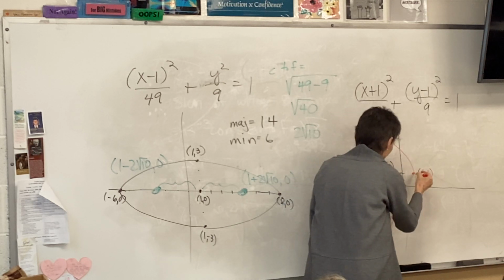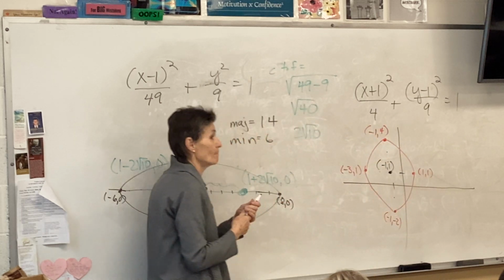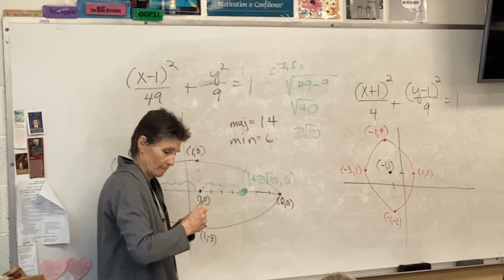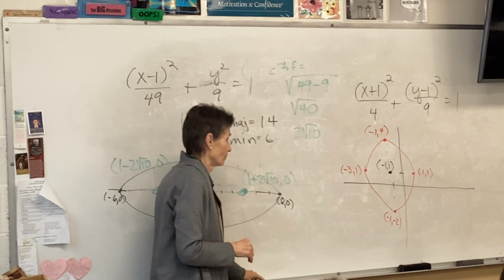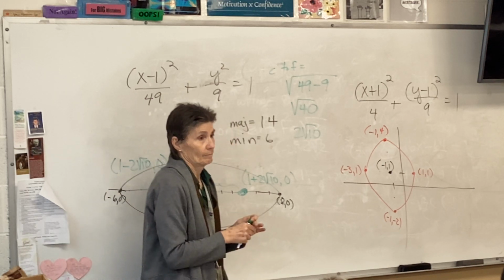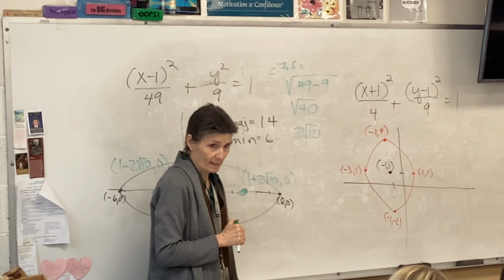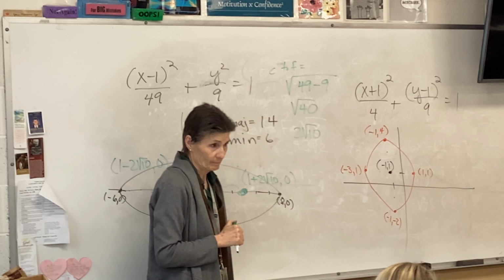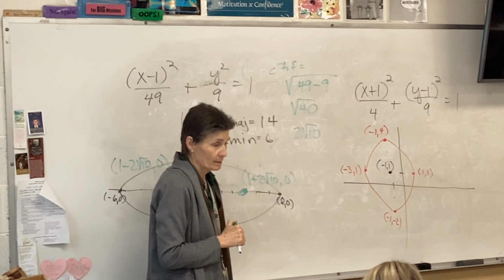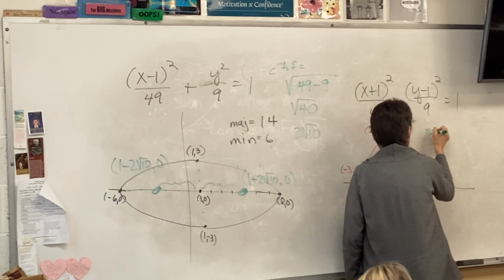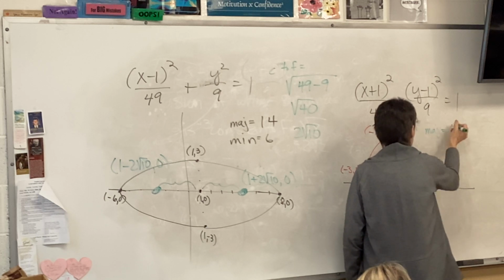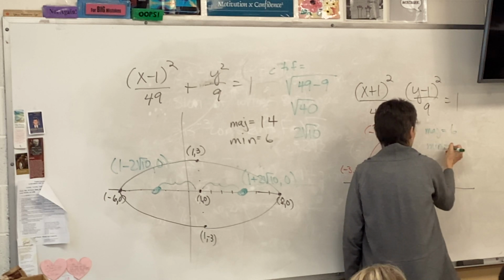And those 4 points are my vertices. All right, everybody got that? Now, how long is my major axis? 6, and my minor is 4.